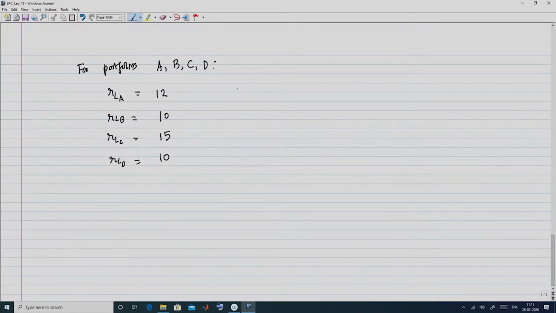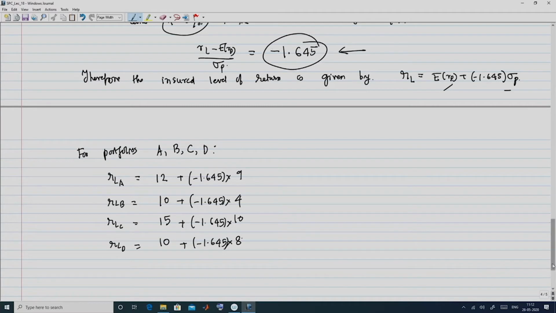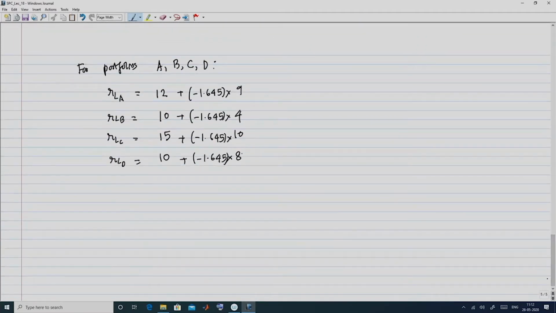I have substituted the ERP and the sigma p values, and then I multiply each of those terms by minus 1.645. This value of minus 1.645 was obtained from the table for the standard normal distribution. So, this effectively turns out to be minus 2.805%. This is 3.42%.